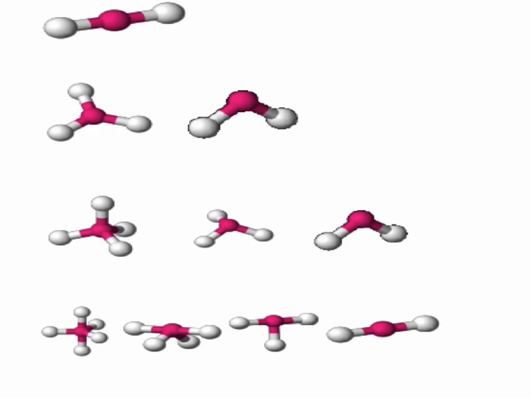Okay, so the very first one we have is our simplest shape here. I am going to list the family, the geometry, the angles, and polarity. Okay, so the very first one, our simplest one, the family is linear.